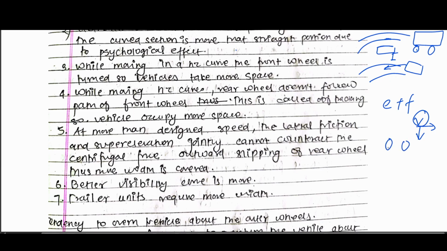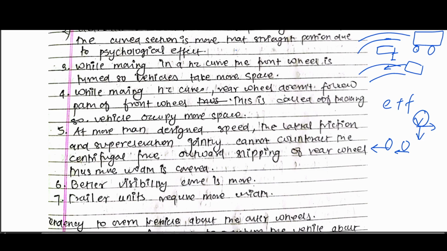The rear wheel may go in the outward direction, like we can say a drift. The car will be going in a very fast motion and it will turn, and the car will be laterally skidding in the outward direction. We have seen that, right? So that kind of condition will occur, and for this condition extra widening should be provided on the horizontal curve.